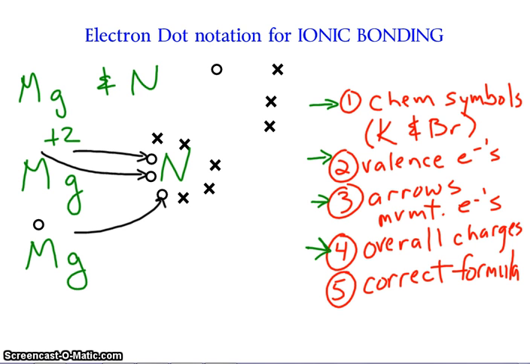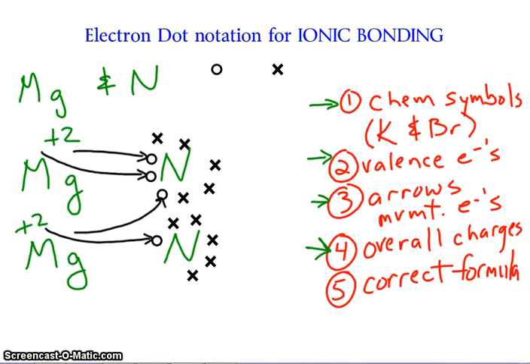Oh no! The second magnesium is not satisfied. So I need another nitrogen. And it'll have another 5 electrons around it. So now this magnesium can give this electron to this other nitrogen. And now this magnesium is satisfied.